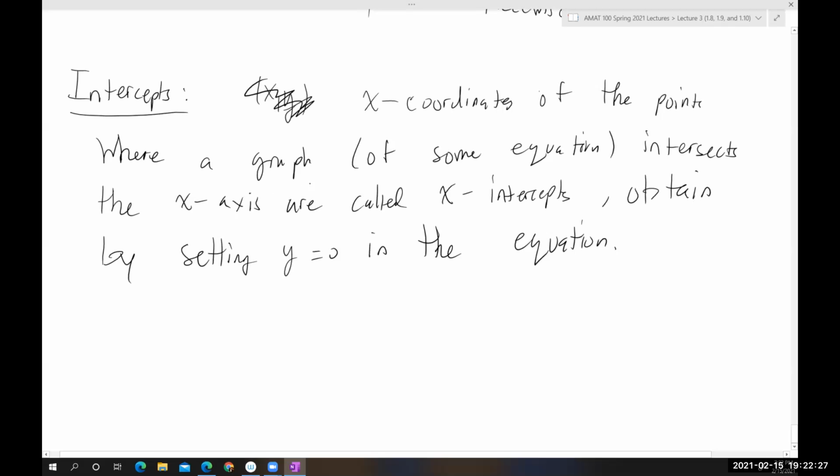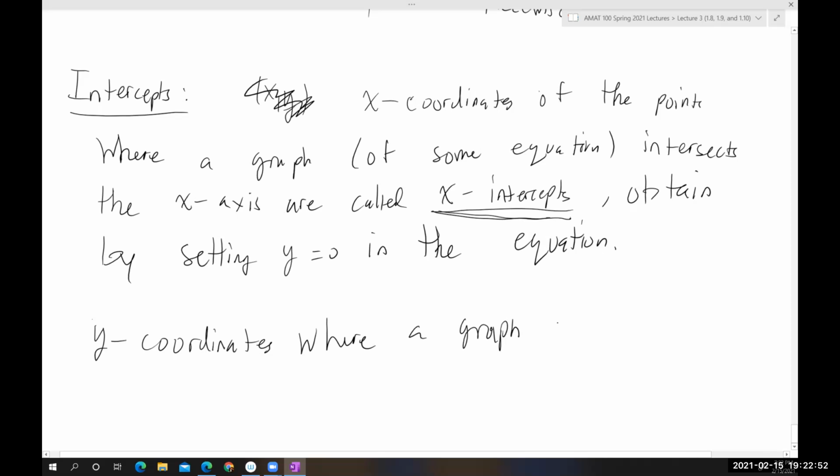And the same thing can be said of y coordinates. So this is, let me underline this. This is the definition right here. We're kind of defining what an x-intercept is. And then y coordinates where a graph, again, of some equation, intersects the y-axis are called y-intercepts.